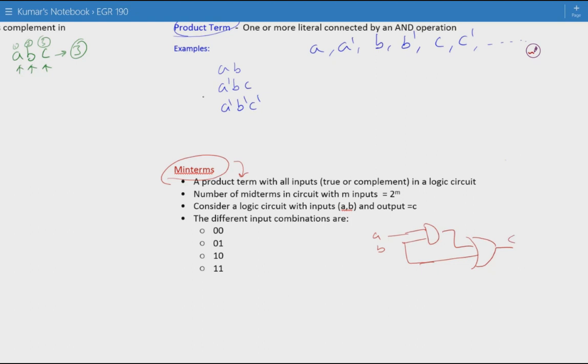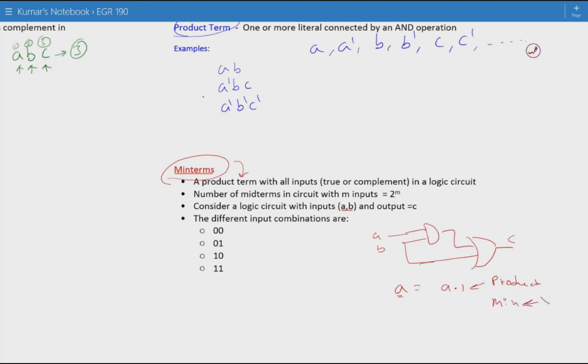When we have a circuit like this, any product term, this is a product term because it could also be written as A times 1, right? So this is a product term. But is it a minterm?